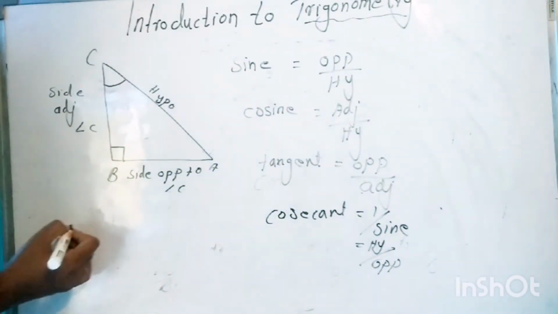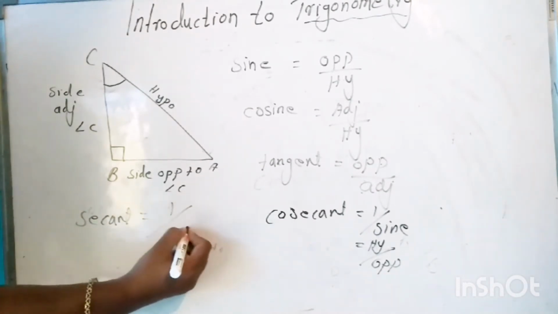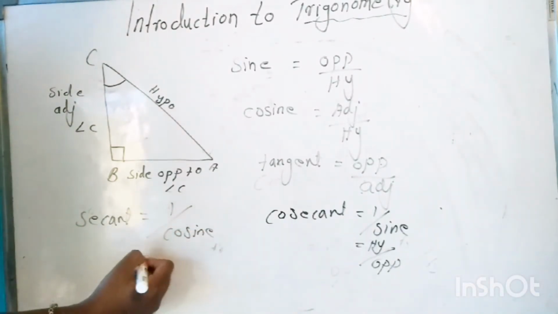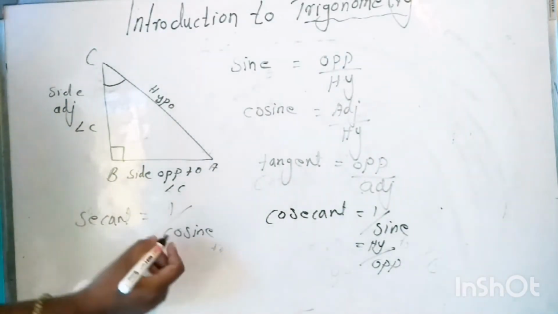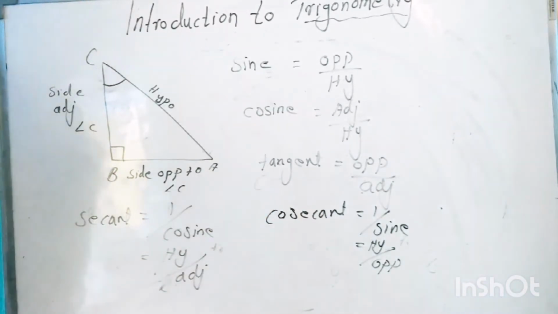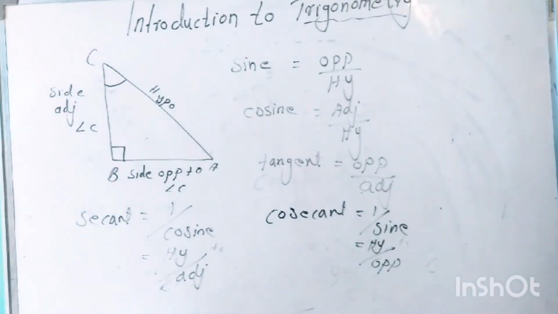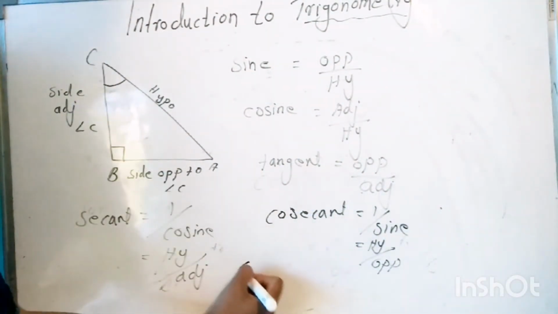Next one is secant. Secant is 1 by cosine, and cosine is adjacent side divided by hypotenuse. Then secant is hypotenuse divided by adjacent side. Now the last one is cotangent.